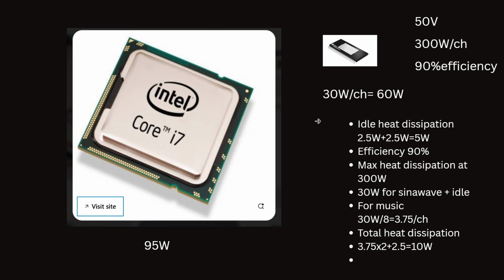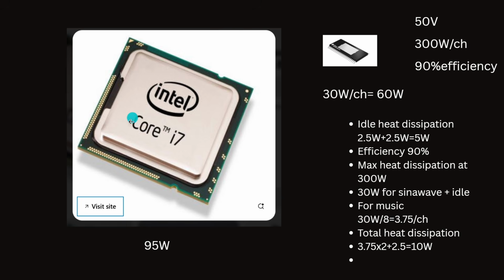And here is one important thing why I said that 300 watts is theoretical or very difficult to get. Here is an Intel processor, and I put almost comparable sizes of the TPA3255 chip and this Intel processor.